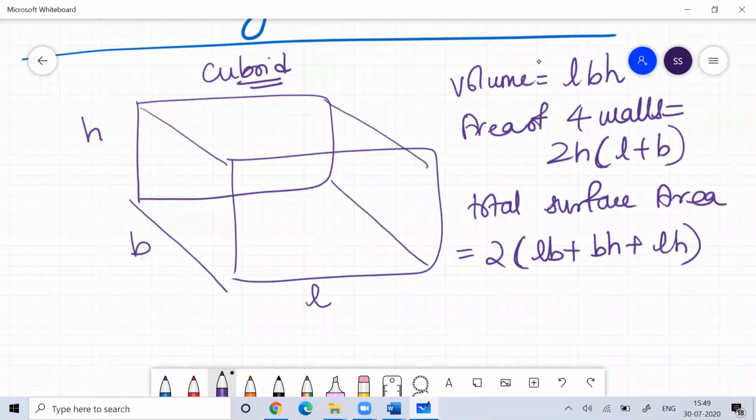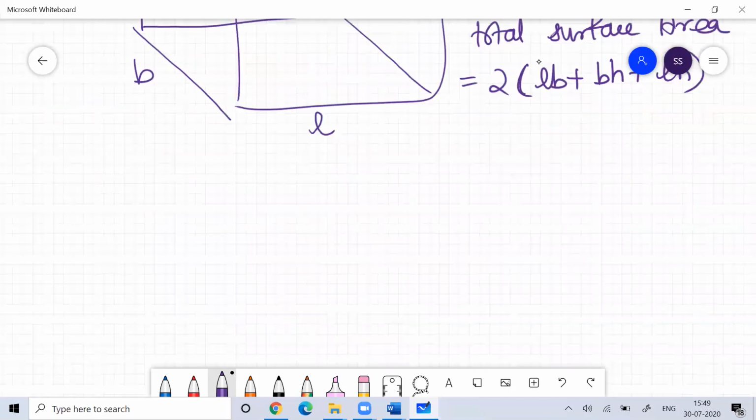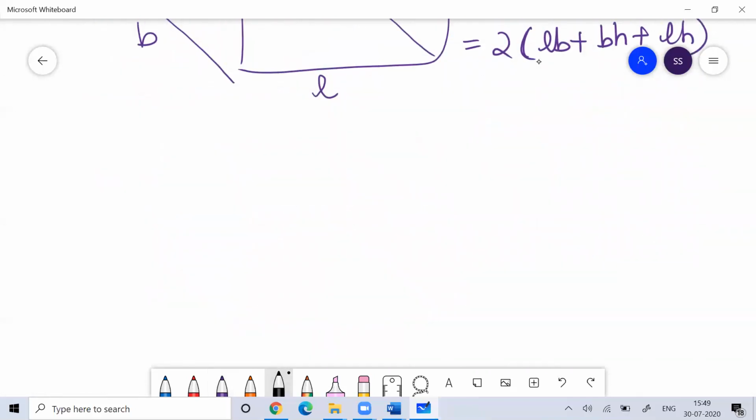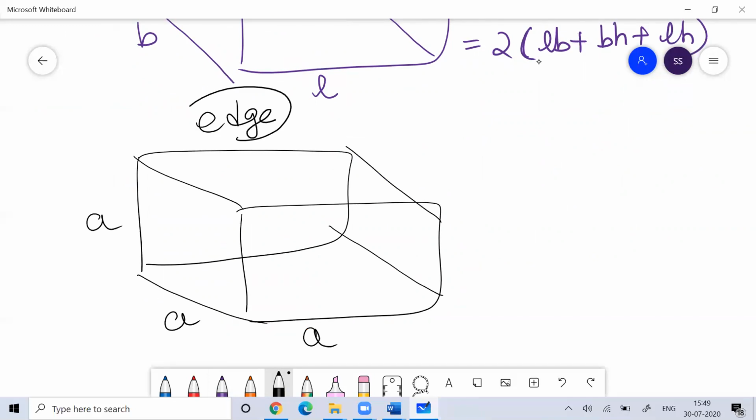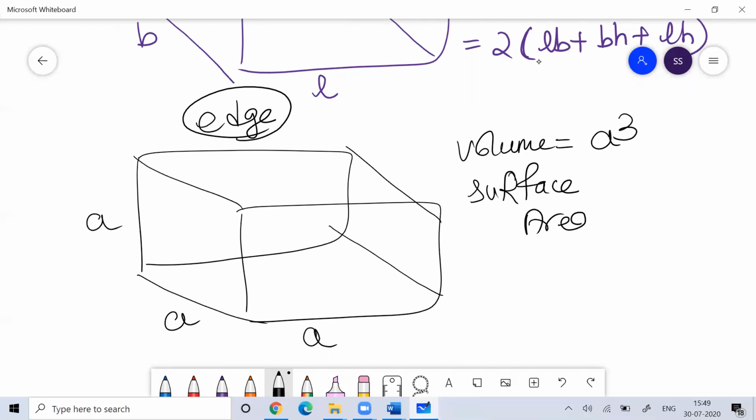Now when you talk about a cube, in a cube length, breadth and height are all equal. We call that the edge, a. So the sides are all equal, so we call them edges. Then the surface area, that is the total surface area of the cube, is 6a square.